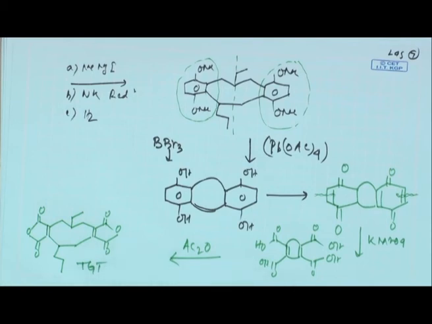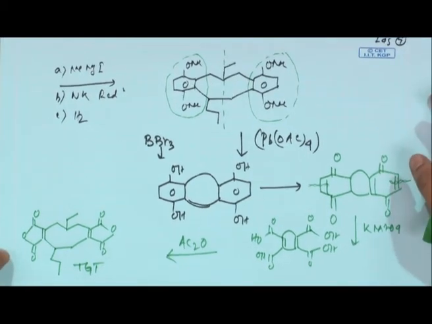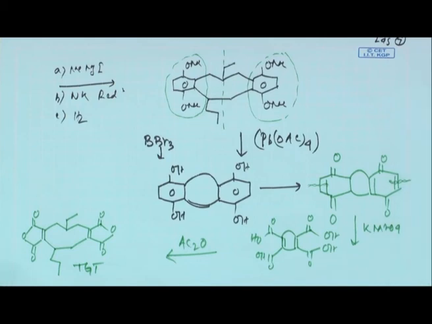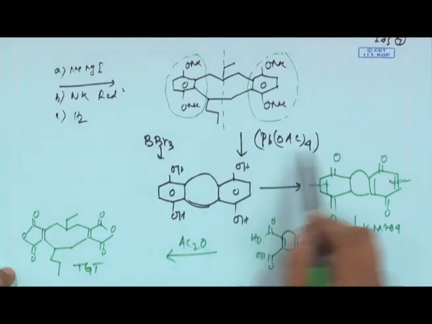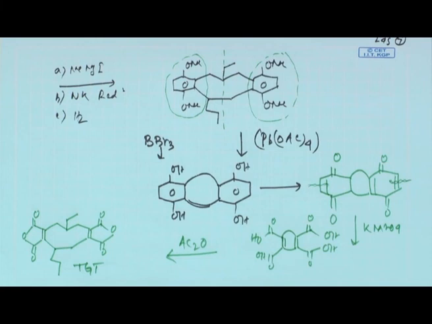So, particularly this, even if you do not consider the symmetry part, the synthesis is very unique, because you did a couple of functional group interconversions, and the key transformation here is the Beckmann fragmentation. It was absolutely brilliant, and the Beckmann fragmentation will definitely give you the particular product you are looking for.